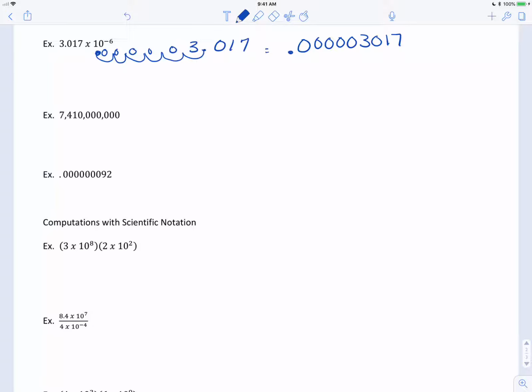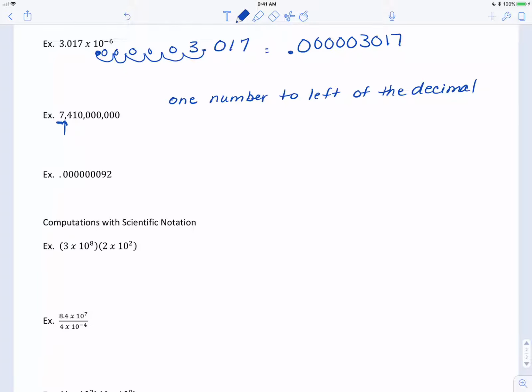Well, the key to scientific notation is that there is only one number to the left of the decimal sign. So in this case, this decimal has to go right here, or else it's not scientific notation.